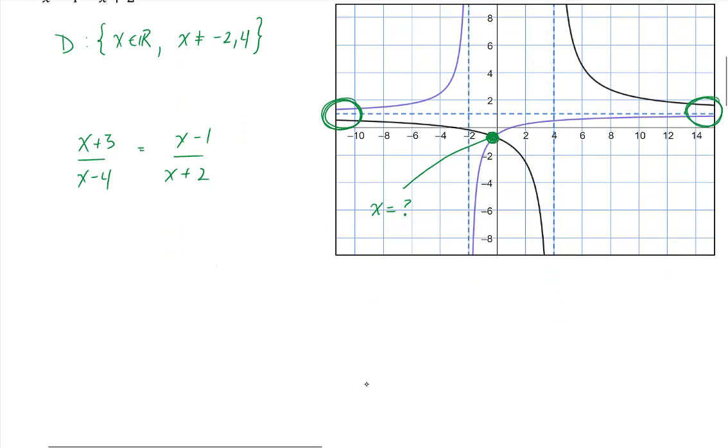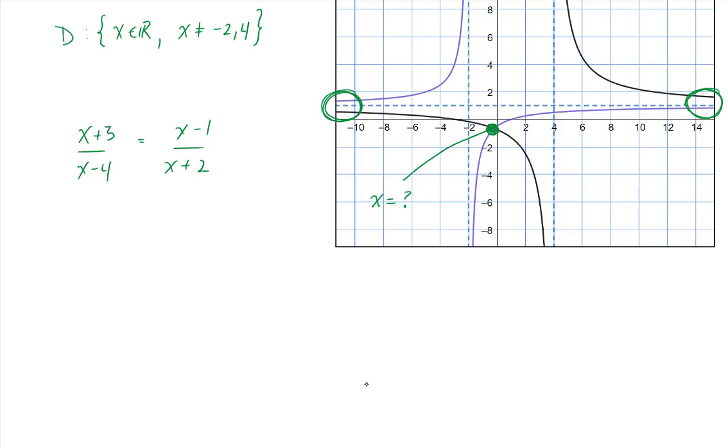So one way to solve rational equations is to cross multiply. So that means multiply both sides by x + 2. So I'll get (x + 2)(x + 3). And then multiply both sides by x - 4, which will give me (x - 1)(x - 4). Now it's like solving polynomial equations.